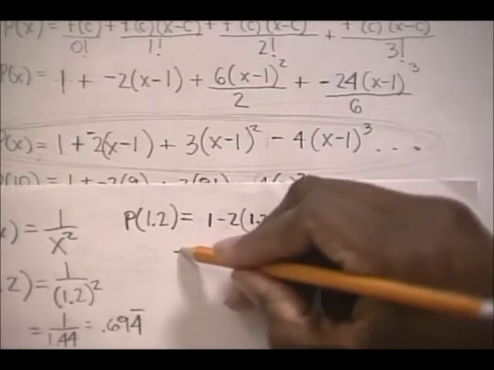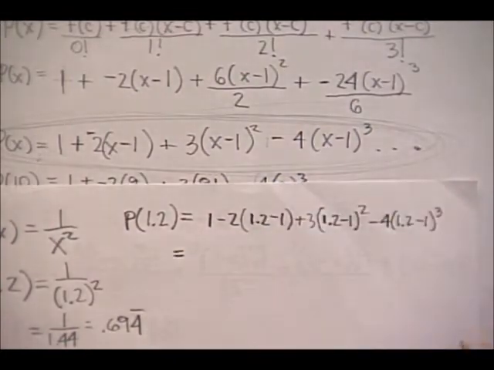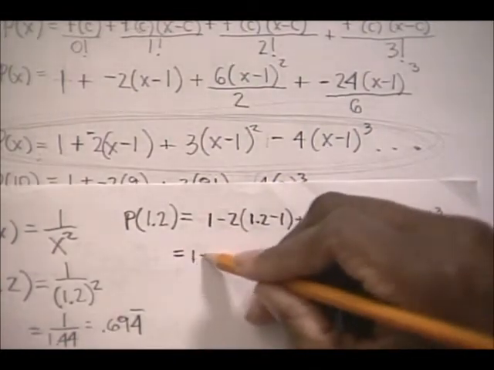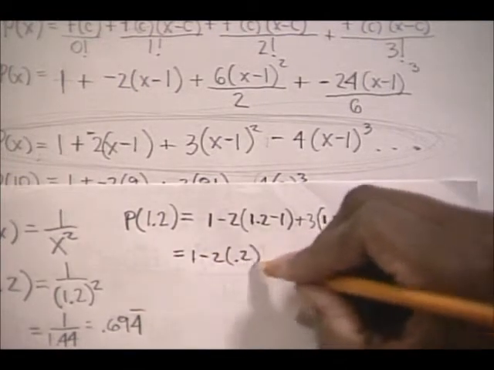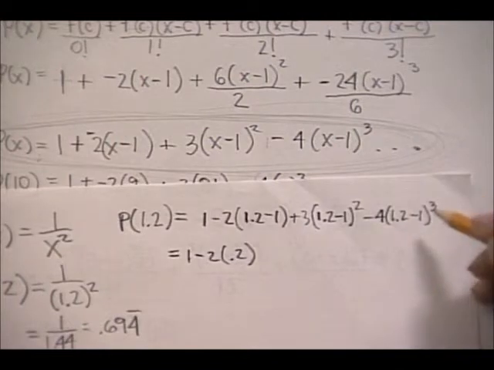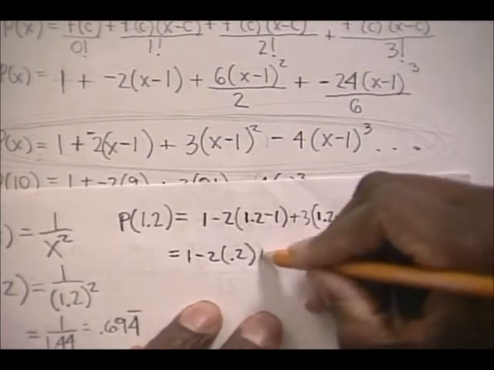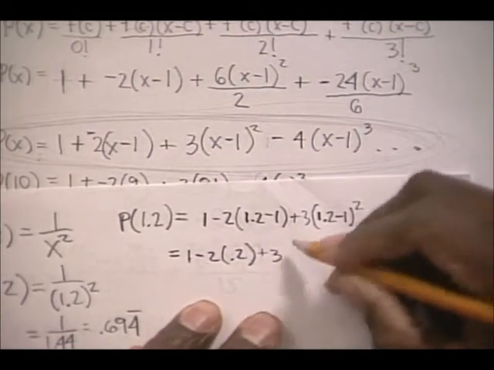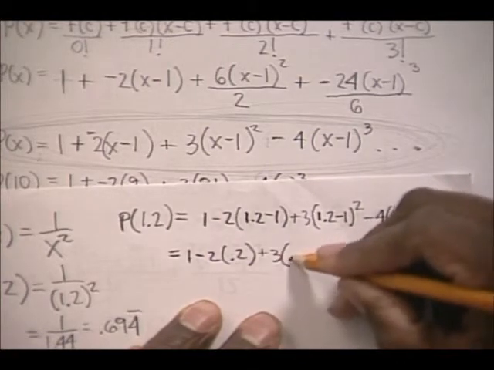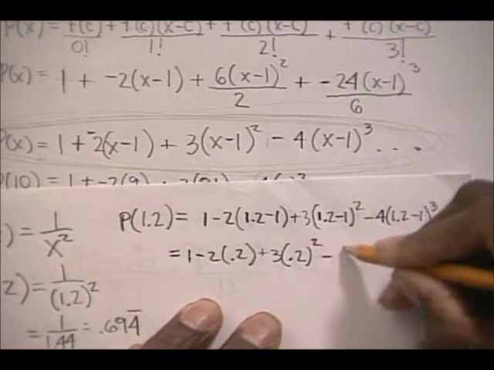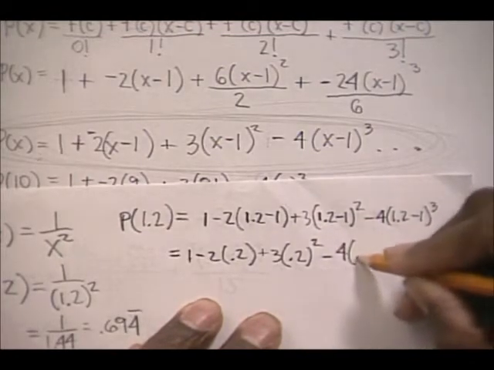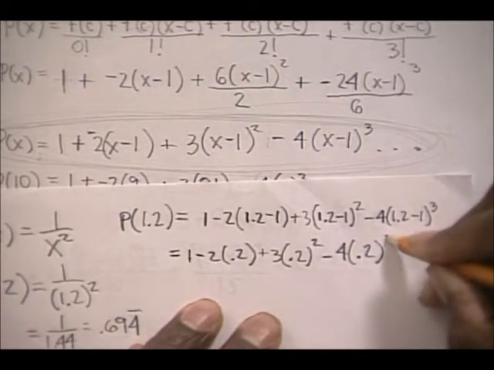All right, so let's simplify this a little bit. So we get 1 minus 2 times 0.2, plus 3 times 0.2 to the 2nd power, minus 4 times 0.2 to the 3rd power.